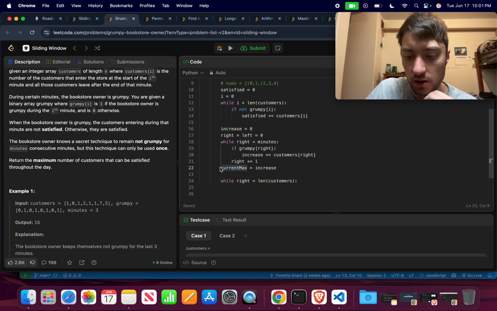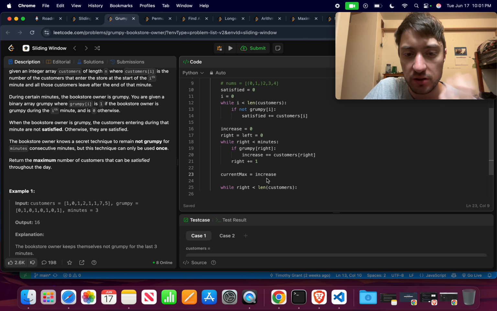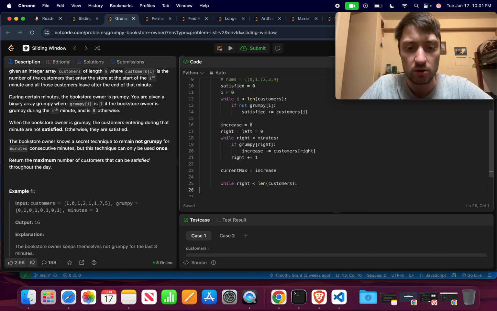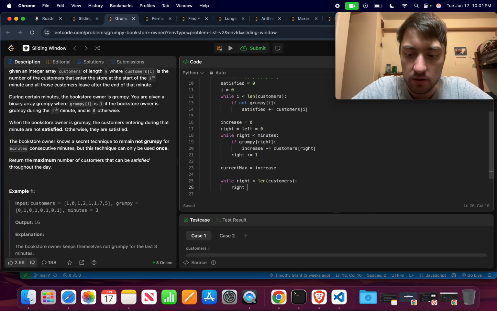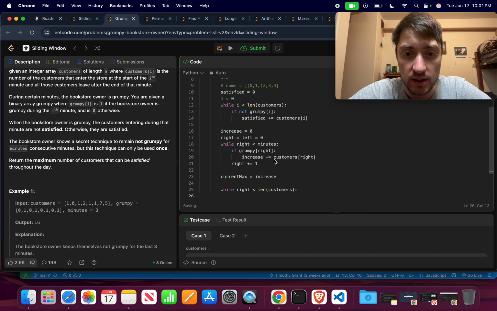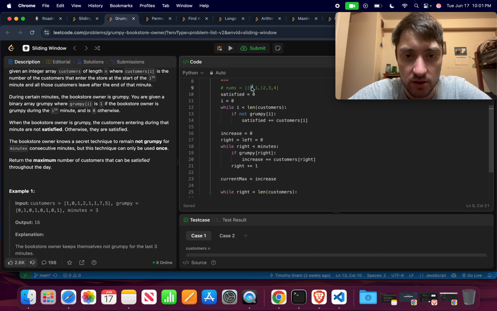No, because we actually just processed it right here. So current max is equal to this window. Okay, so we checked it. Now what we want to do is get it out of our context. That means we want to get rid of this 0th element.